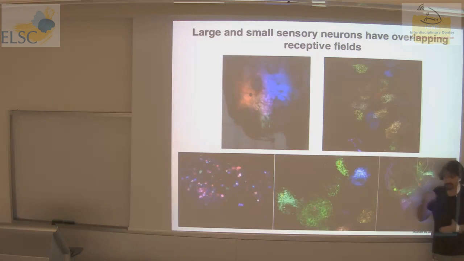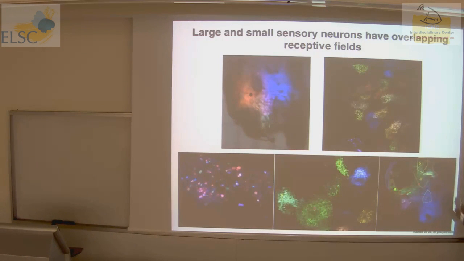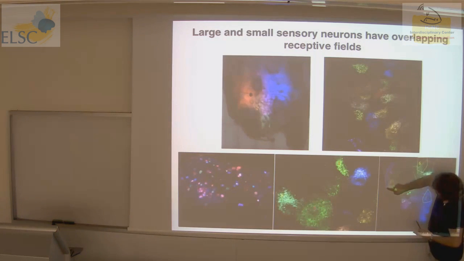And by using different algorithms, we can find 0.5% of correlation, right? So we can basically draw the map of the receptive field, or the axonal spreading of each neuron.